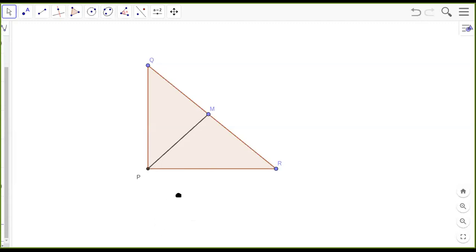All right. Now, because these two are similar triangles, I have one more criteria or one more theorem which tells me that the ratio of their corresponding areas will be equal to the square of their corresponding sides. So PM belongs to the first triangle and RM belongs to the second triangle.